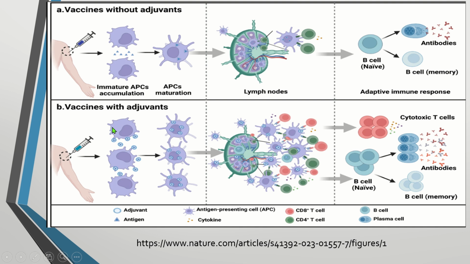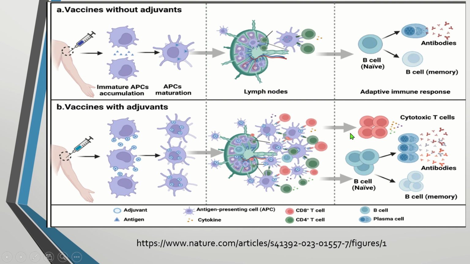While when we use the vaccine with adjuvants, you see there are multiple antigen presenting cells that are matured compared to those without adjuvants. Also, when they reach the lymph nodes, there is more activation of the B cells.